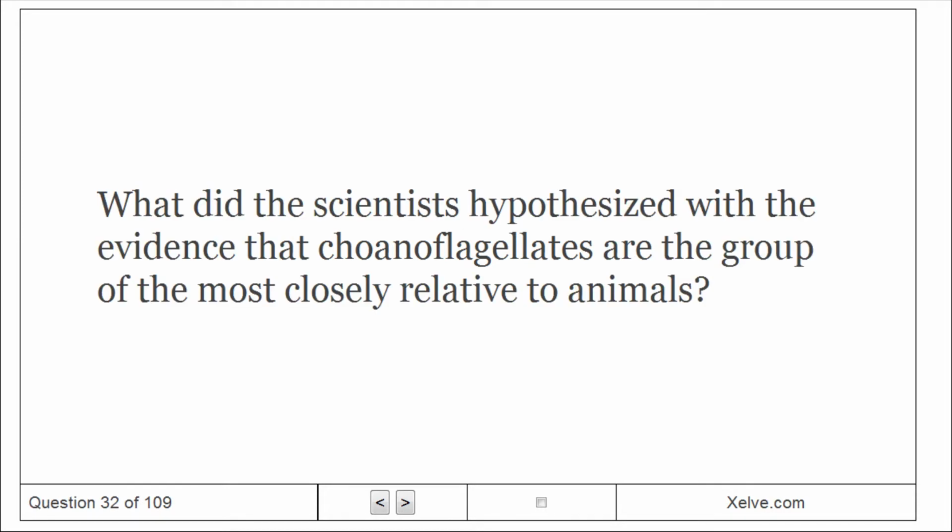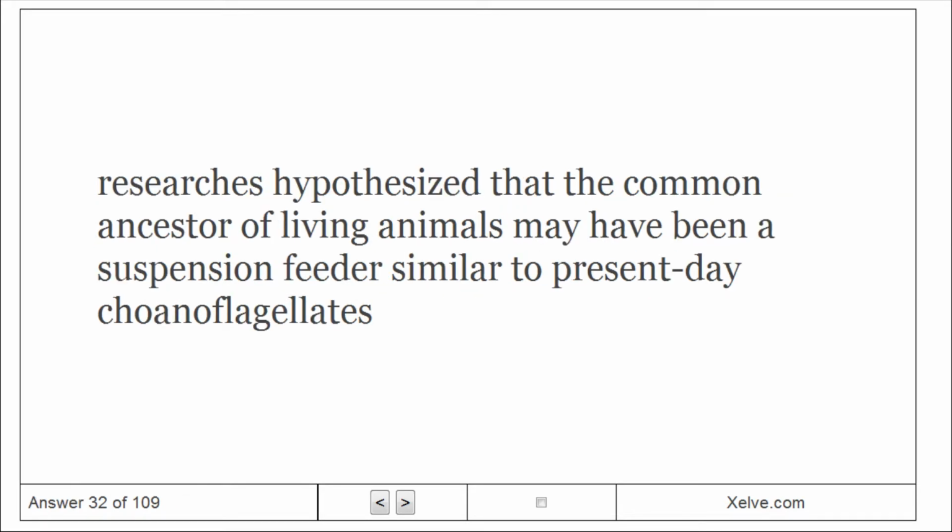Choanoflagellates. What did scientists hypothesize with the evidence that choanoflagellates are the group most closely related to animals? Researchers hypothesized that the common ancestor of living animals may have been a suspension feeder, similar to present-day choanoflagellates.